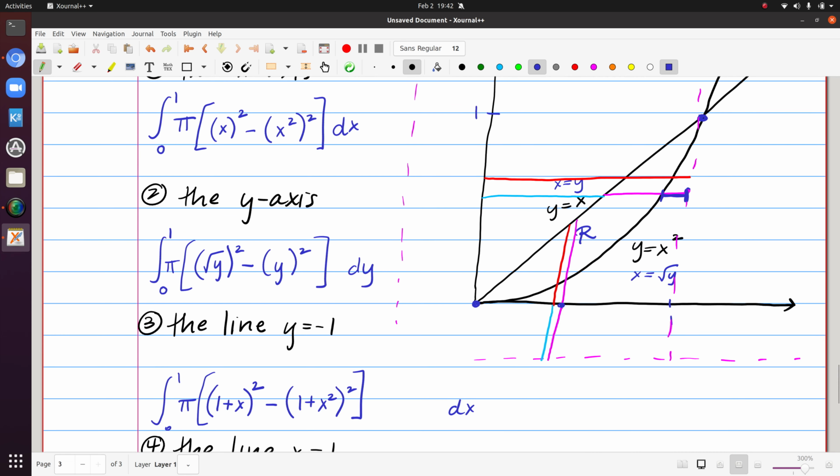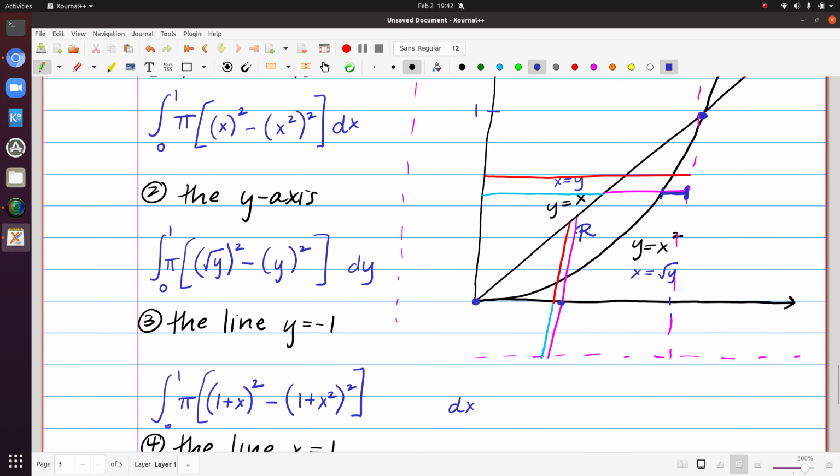So much like we did in number 3, in order to rotate around this axis, which is further to the left of my region, I have to add to the radius that I got when I was just rotating around the y-axis. So here, the outer radius is coming from the curve function, which we're going to think of as x equals square root of y. But if I take x equals square root of y, that just gives me the distance from the y-axis to that edge.